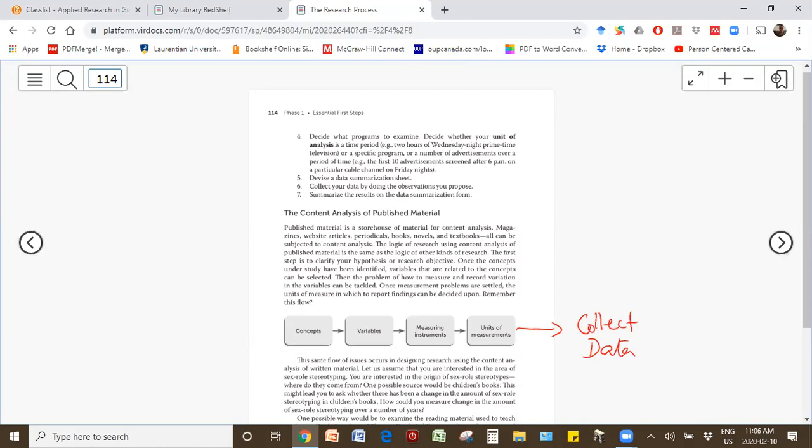And then you come back, you may have to change variables sometimes, but that is rare. More often, it's the collection phase where you start to build more sensitivity by going in loops, okay?